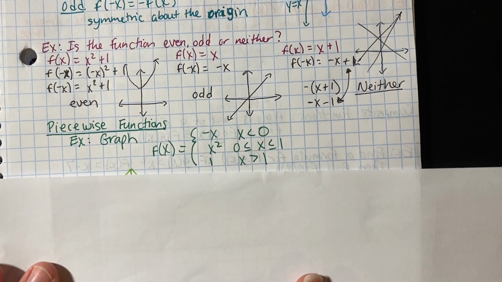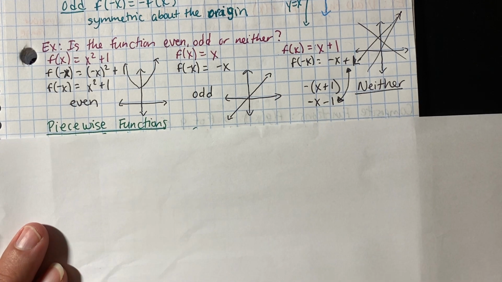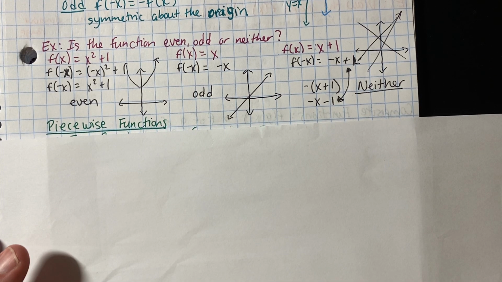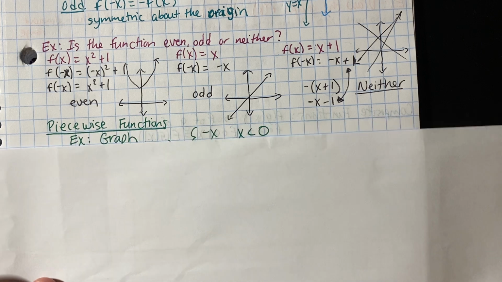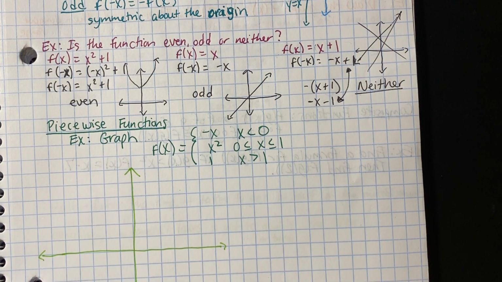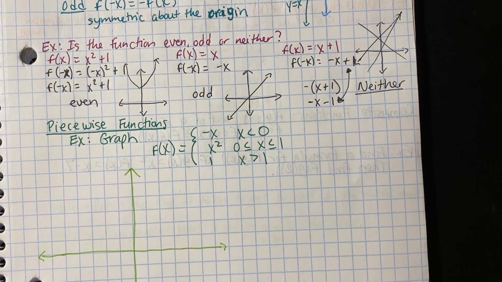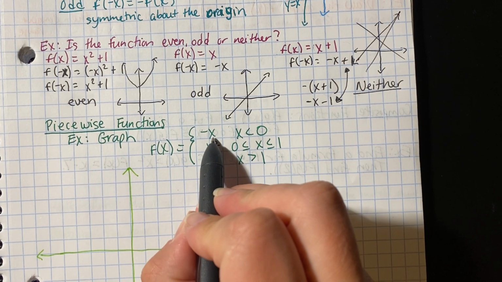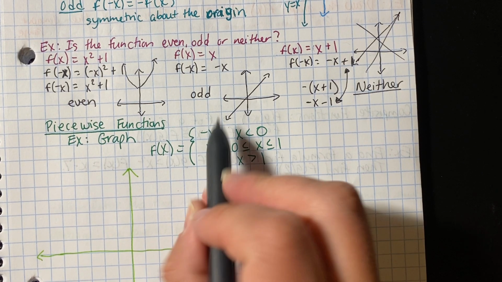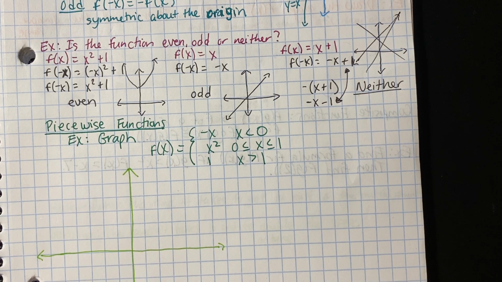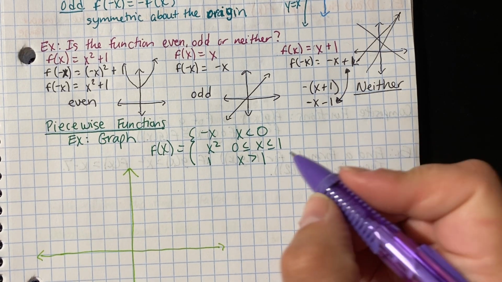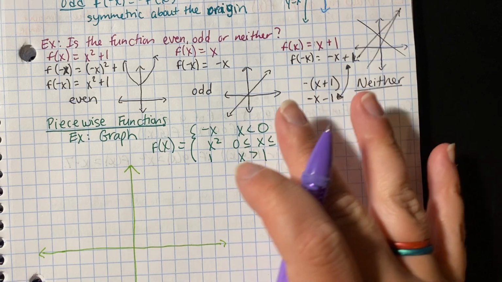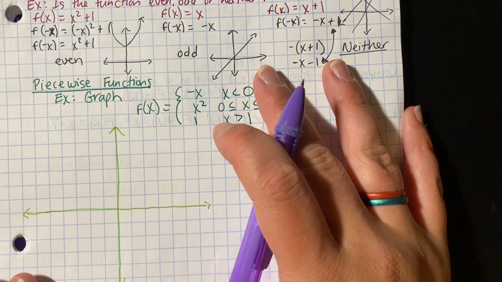All right, piecewise functions. So piecewise functions are when we graph chunks of our function. All right, so graph this thing. What we're going to do is start with this. I'm going to see if I can grab one of my pencils so we can do some erasing. Piecewise are better when you can erase.